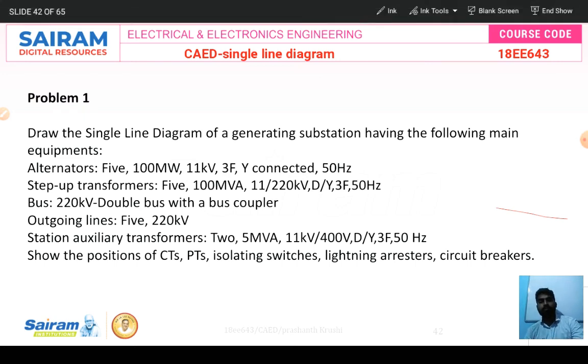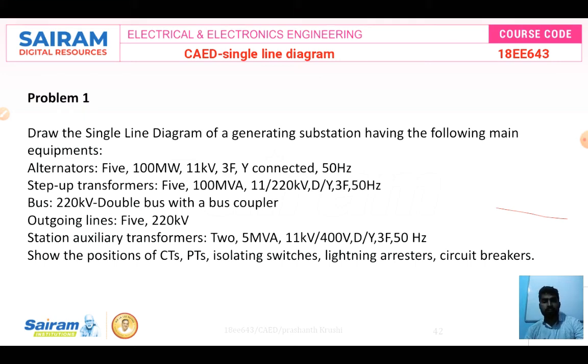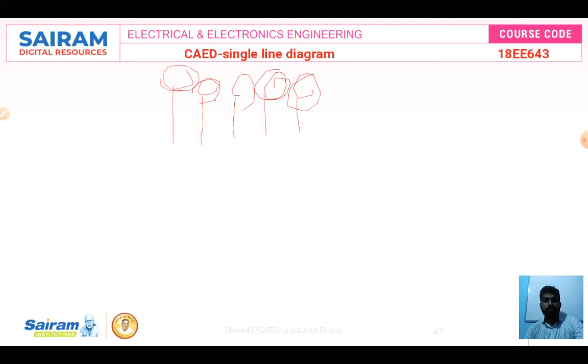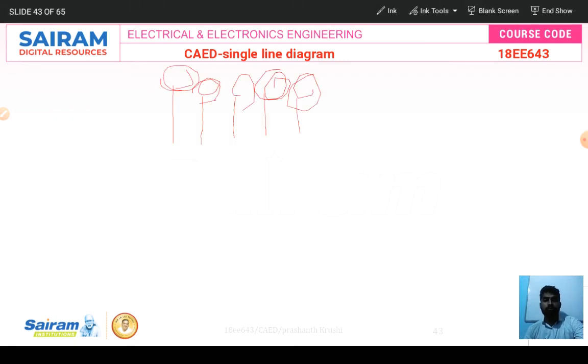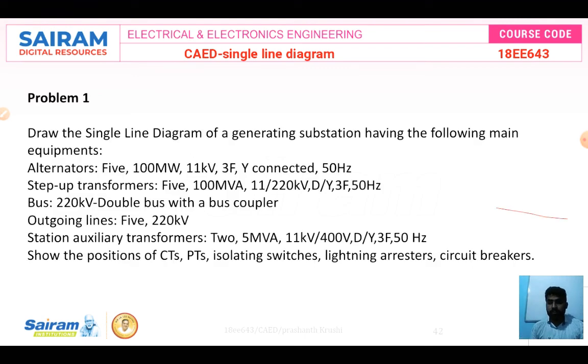So definitely there is a transformer on all the 5 lines. All the 5 lines carry 5 transformers, right?